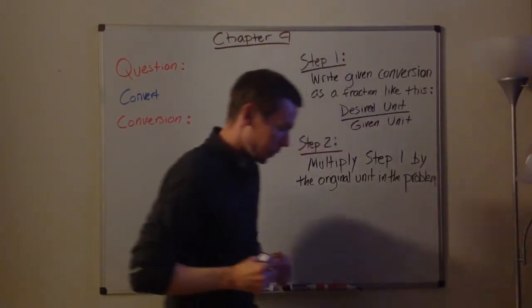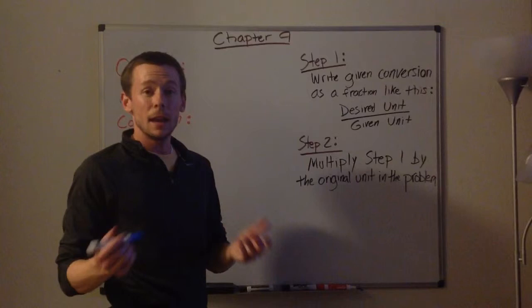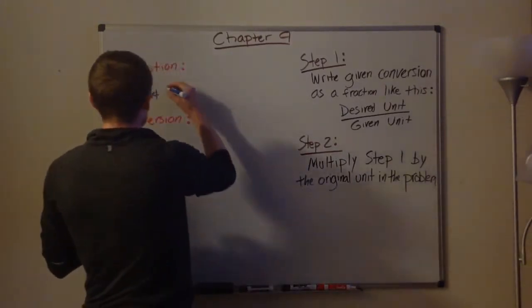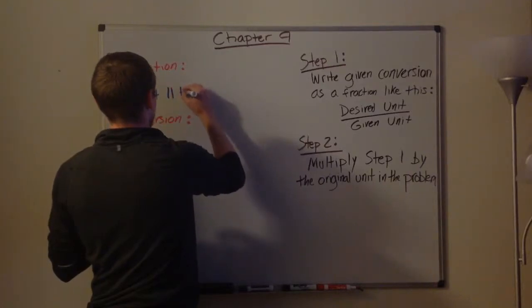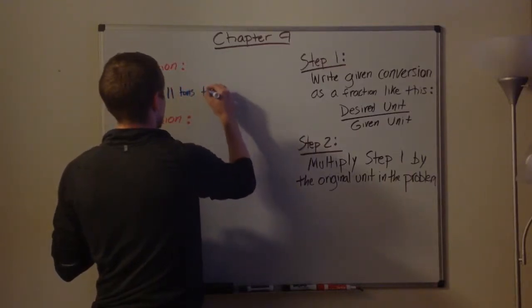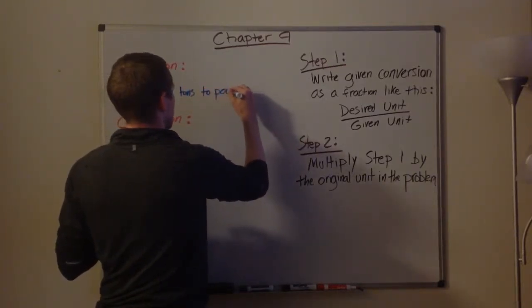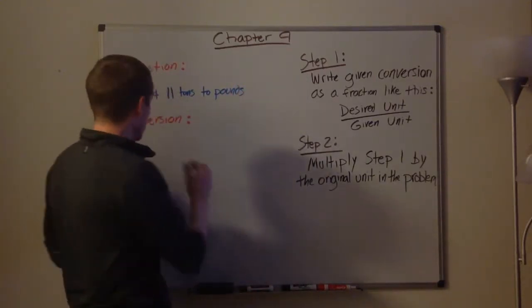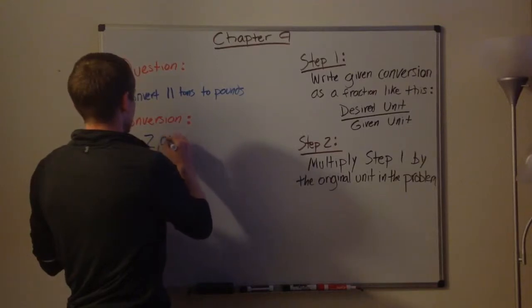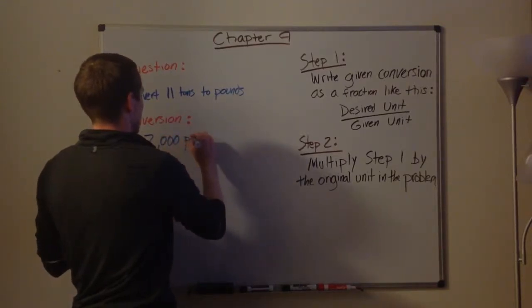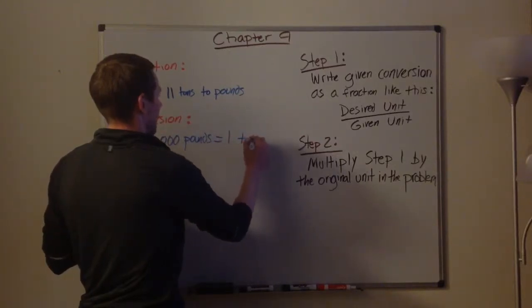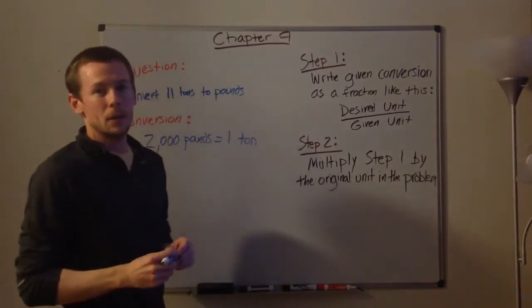Let's do convert 11 tons to pounds. And our conversion is 2,000 pounds equals 1 ton.